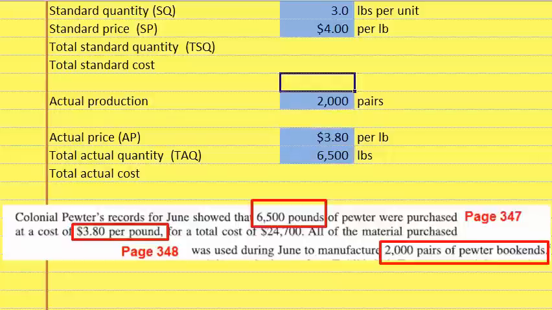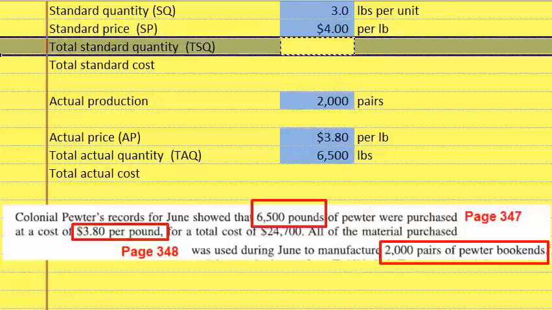And now let's compute the remaining information in the structure. The total standard quantity tells us how many pounds we should have used to produce those 2,000 pairs of bookends. So I'm going to say 2,000 pairs produced times our standard, say, 3 pounds per pair, or 3 pounds per unit. And that gives us 6,000 pounds.